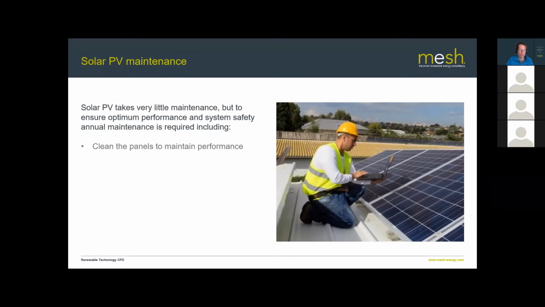Usually if you put the panels on a slope of around 10-15 degrees or more, then they will self-clean with the rain, especially in the UK. Obviously, we're quite a rainy environment. But if you have panels that are horizontal, for example, they do need to be manually cleaned on quite a regular basis. But once a year, it's a good idea to clean the panels just to maintain their performance.